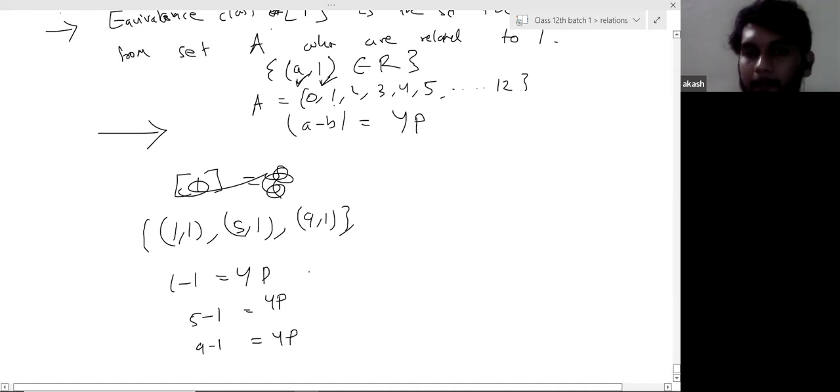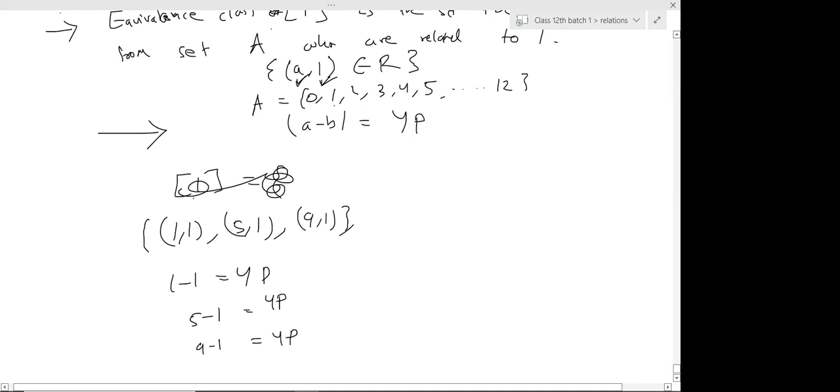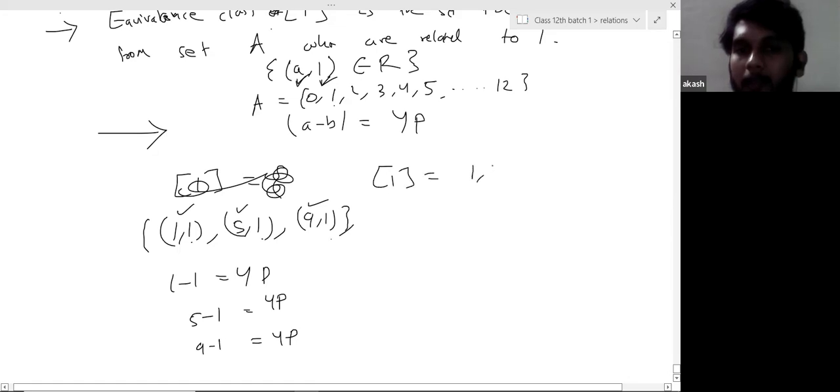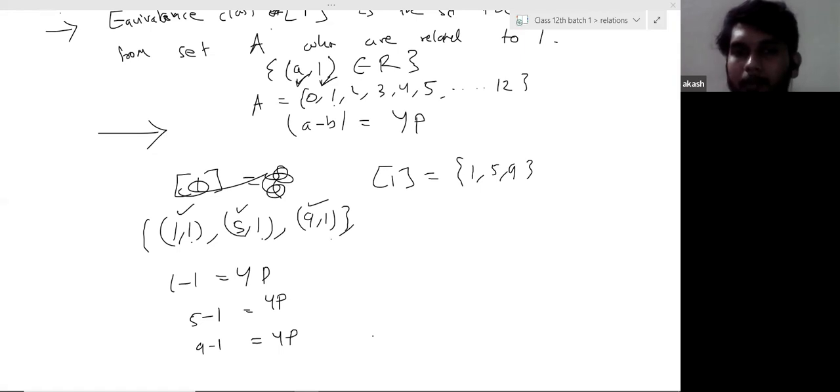This is clear, Krishna? Yes, sir. So you have to write all the first elements where the second element is 1. This is called an equivalence class, as simple as that: all the elements related to 1. So the equivalence class of 1 will be 1, 5, and 9. Is this clear, everyone? Kulsum, Ronaldo? Yes, that's clear.